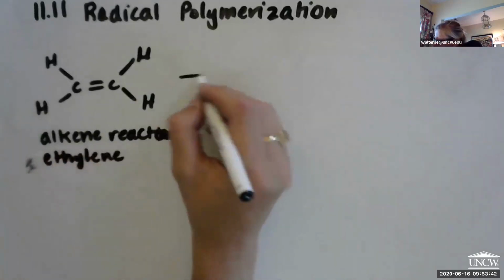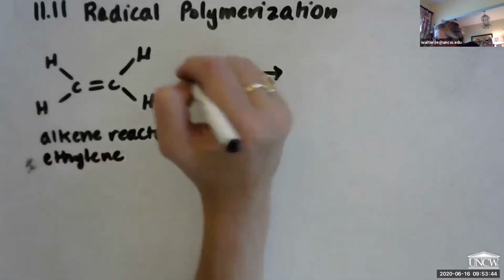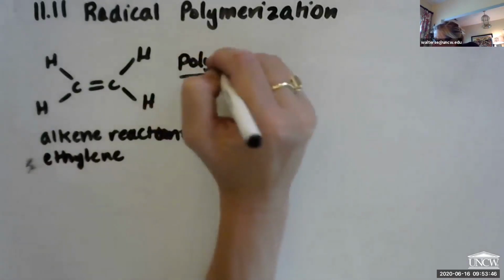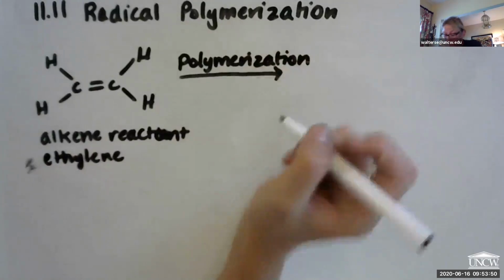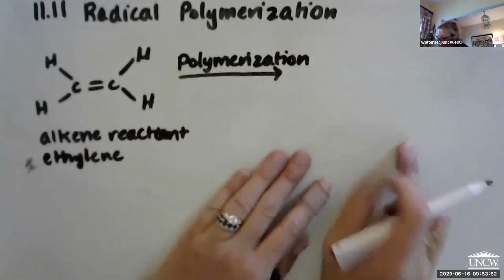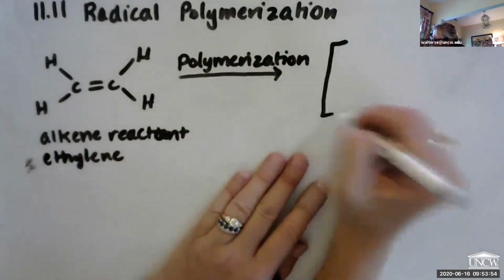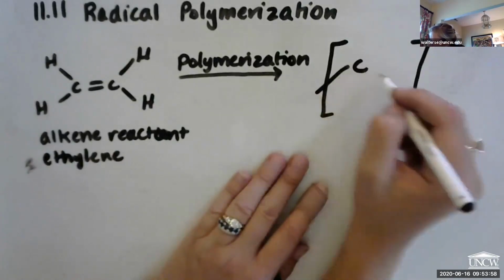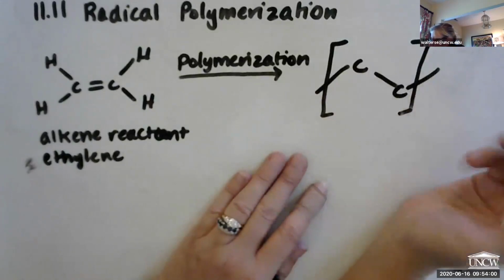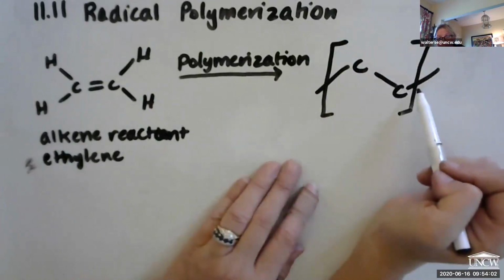And we're going to have the ethylene undergo polymerization. So how you draw the product is you draw a square bracket, and then you draw your carbons staggered.